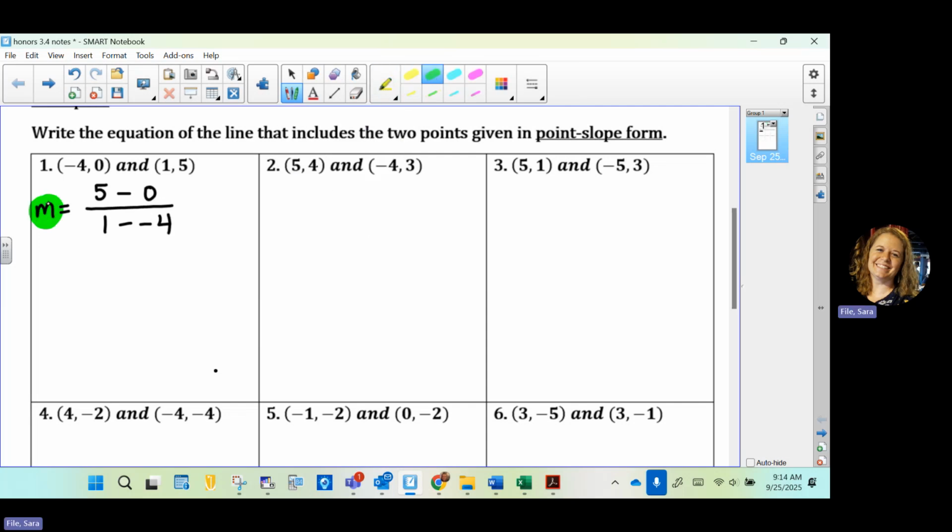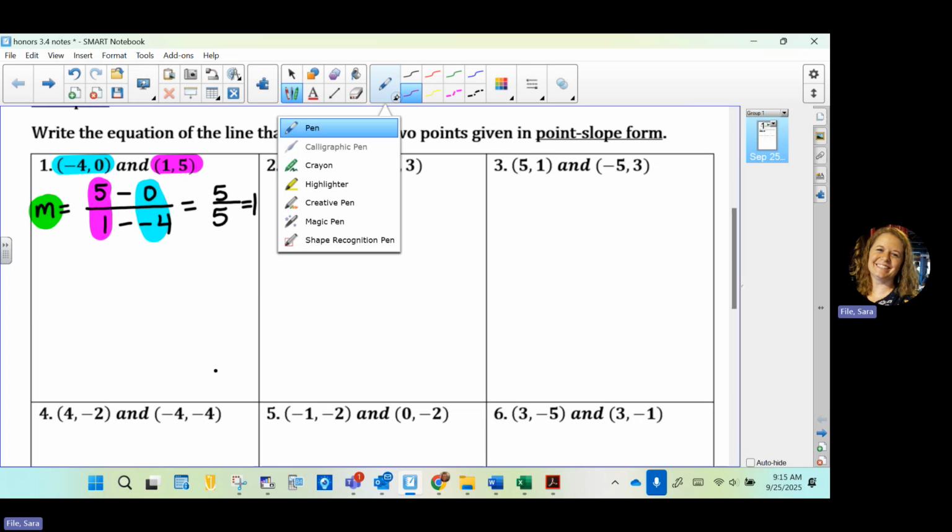So I'm finding slope by taking x1 and y1 and x2 and y2 and plugging them in here. So far, so good? Okay, so that is 5 over 5, which is 1. So my slope is 1.